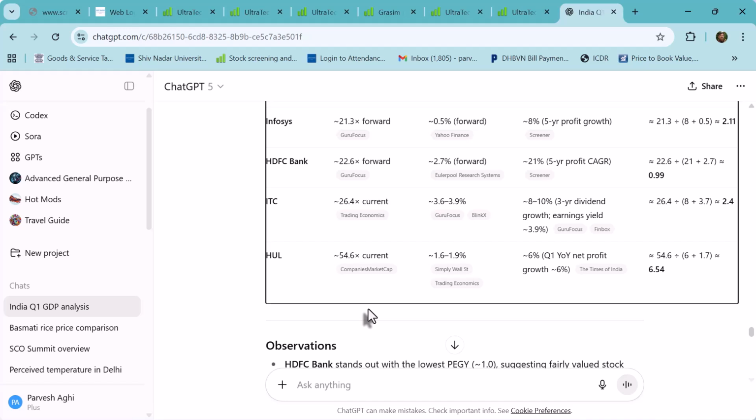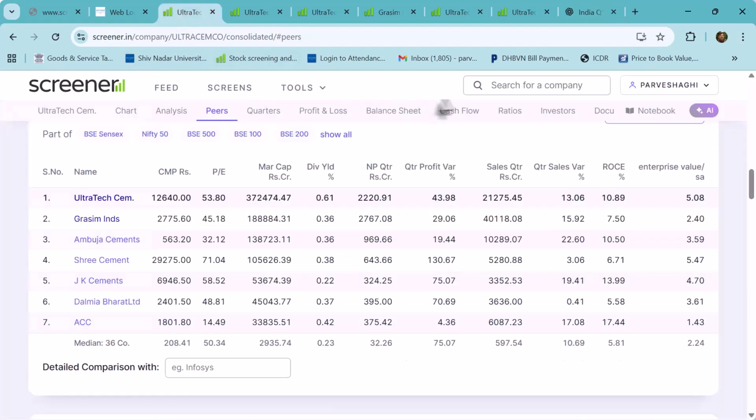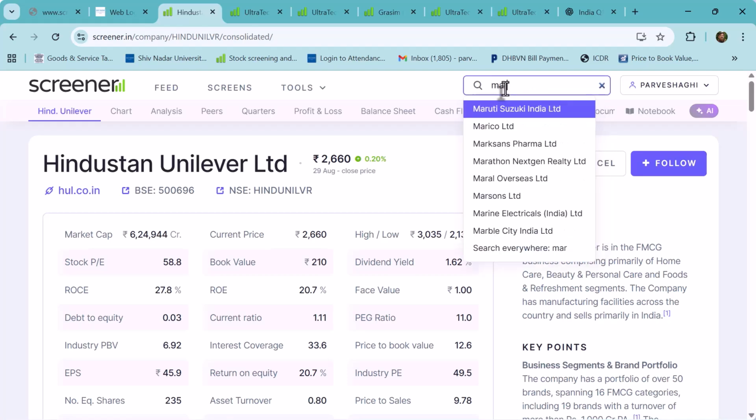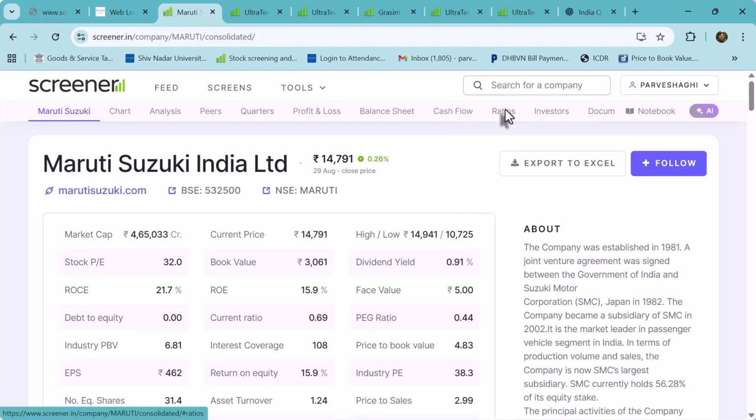Okay, now let's look at, for example, just to go to say HUL and see how HUL has done. Okay, even companies like, I'll tell you, Maruti, for example, let's say Maruti. Now Maruti has shown a spectacular rise, because all the cars today are charged at 28% GST.